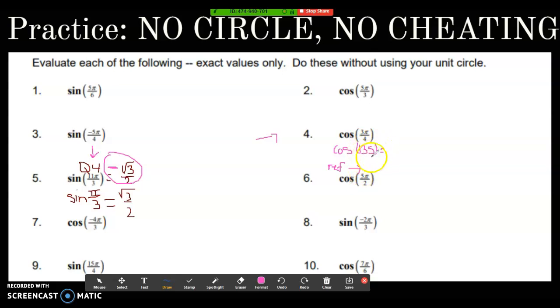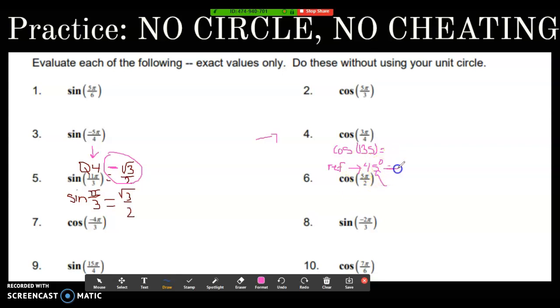I'm in quadrant 2 at 135 degrees, which means the x-axis would be 180. So how much more do I have to add to 135 to get 180? If you're itching to say 45, you are absolutely correct. We know that 45 degrees is our reference angle.